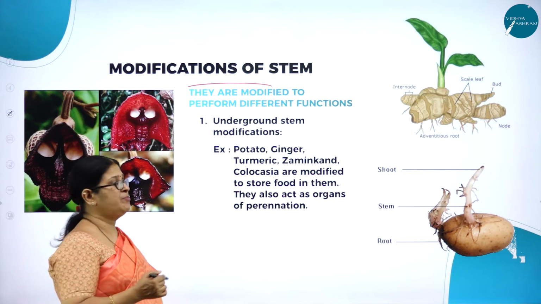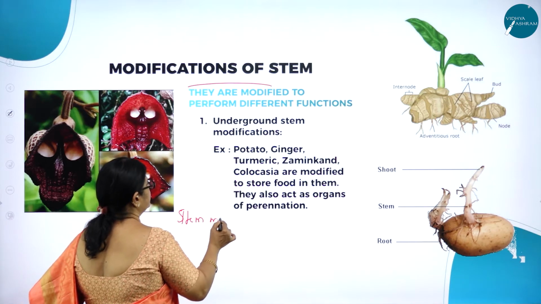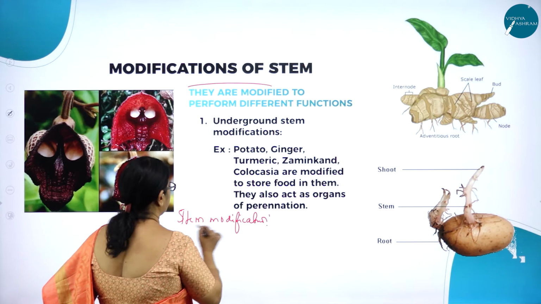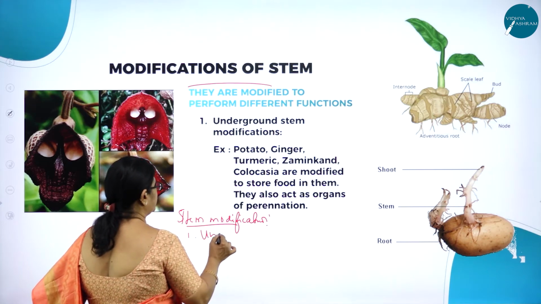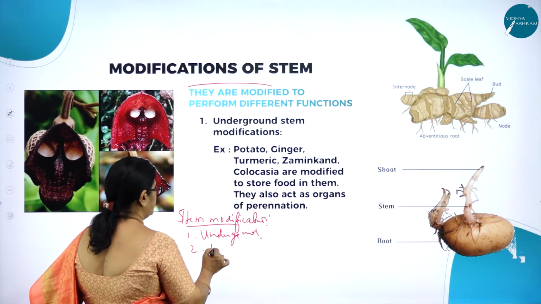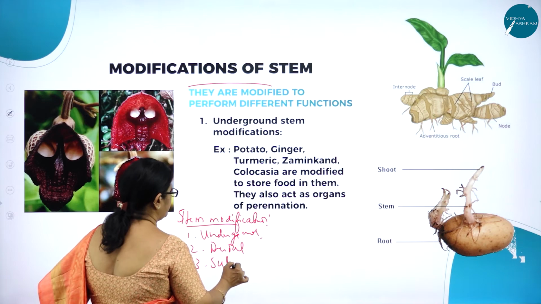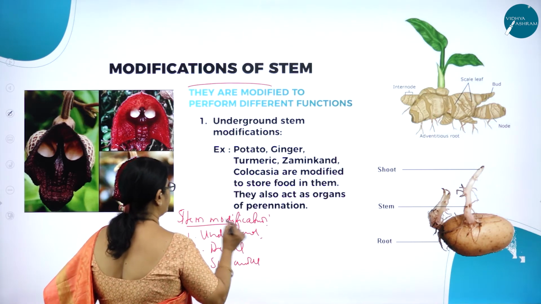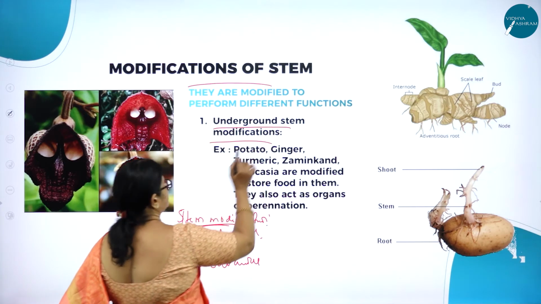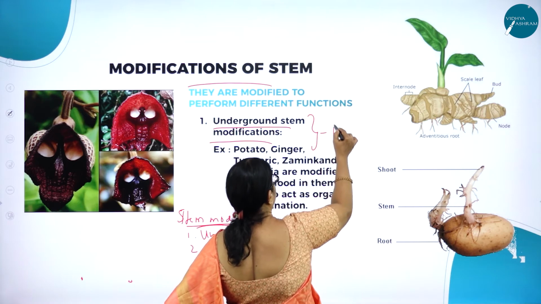So here we classify stem modifications into underground stem modifications, aerial stem modifications and subaerial stem modifications. So here we come across the underground stem modifications. For example, underground stem modifications for what?